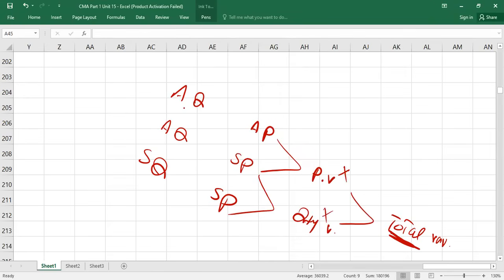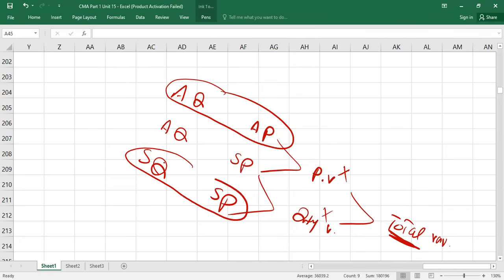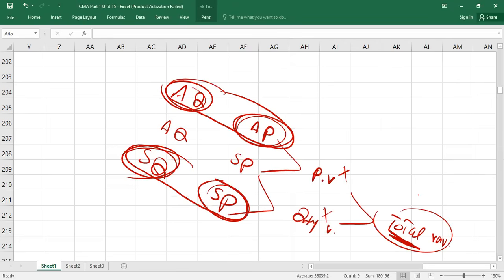How? If I take the difference of the first line and the last line, look here, quantity variance is also there, actual quantity and standard quantity. Price variance is also there, actual price and standard price. If I take the difference of the first line and the last line, this will give you total variance directly, which will be equal to whatever answer you get if you calculate price variance plus or minus quantity variance.